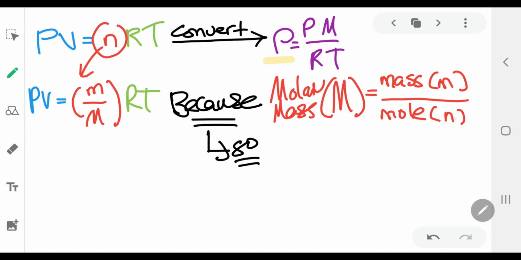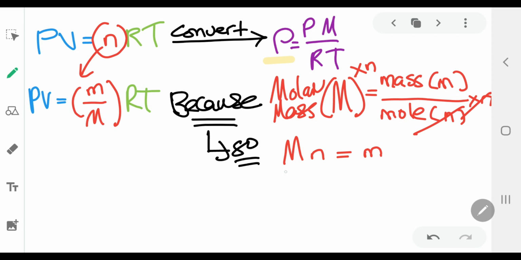If I'm going to take this n over to that side, it's very simple mathematics. If I multiply by n here, I'm going to multiply by n on the other side as well. So you're going to get M times small n, and the n cancels out on that side, leaving you with mass.